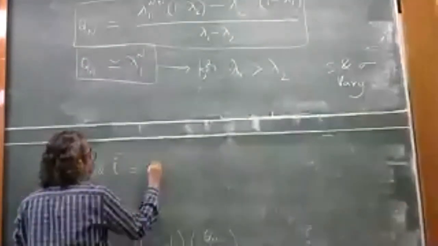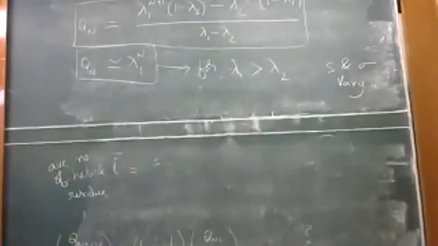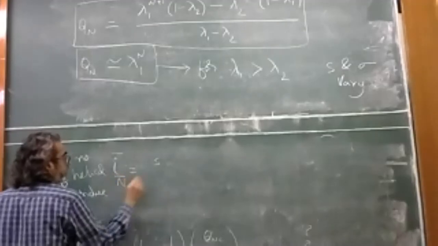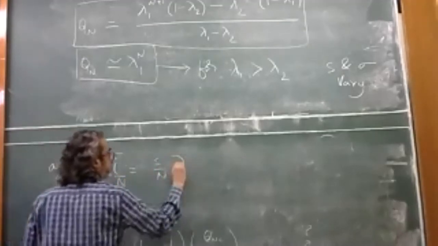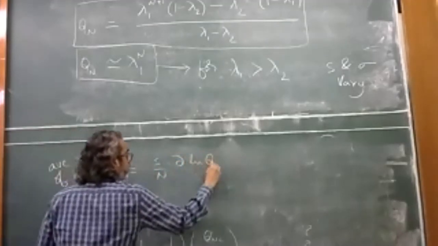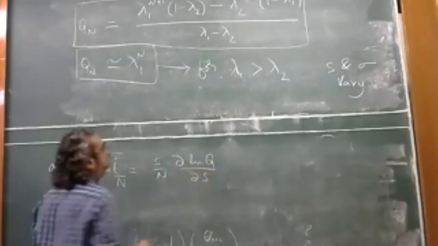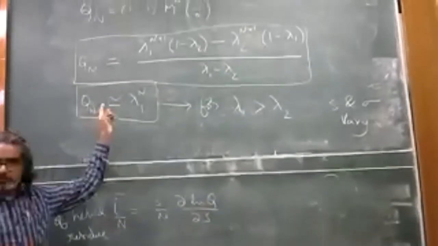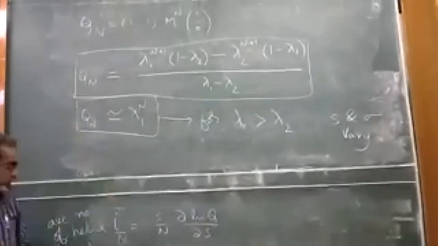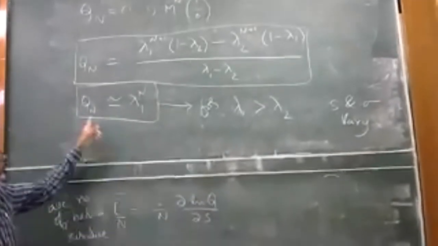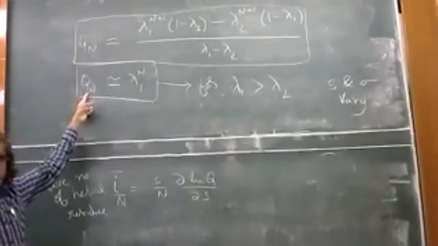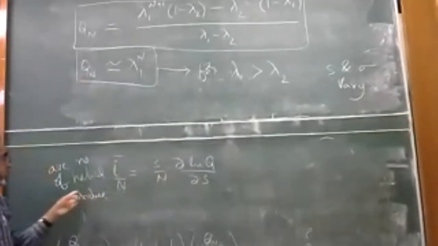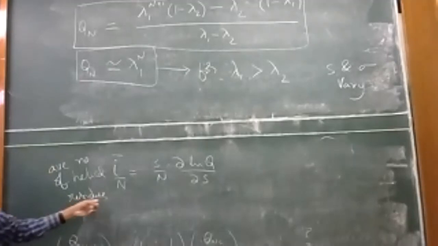The fraction, S by N, is dou ln Q by dou S. We know lambda in terms of S and sigma values, so you have Q, and you can find the partial derivative with respect to S. That will give you directly the average number of helical residues.